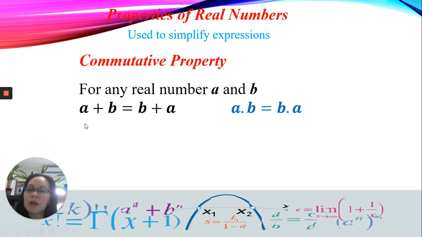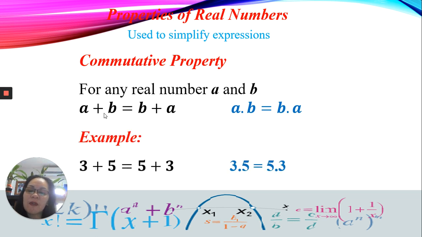That the order of the numbers here does not affect the answer. So if you add, for example, 3 plus 5, that is just the same as 5 plus 3. The result will not change. And then you have 3 times 5 is just equal to 5 times 3. Whatever the order is, you don't worry because the answers are just the same.